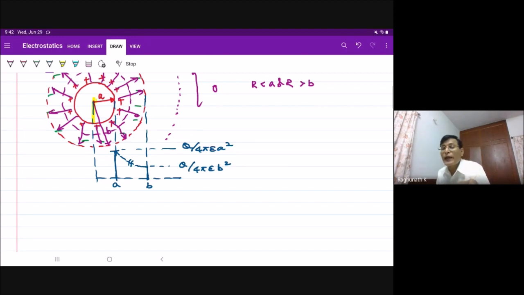Q by 4 pi A squared is the surface charge density on the inner sphere, because Q charge is distributed on the sphere of radius A. That is the amount of discontinuity, 0 to that value. Ultimately, at the outer sphere, Q by 4 pi B squared is the surface charge density. From that value, suddenly, if I go out, there is a discontinuity. It becomes equal to 0.